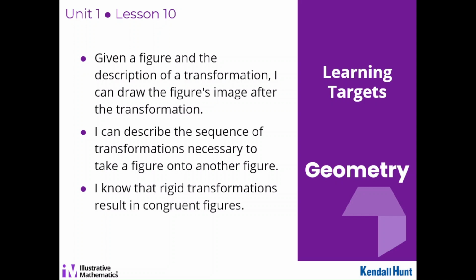Learning target number 2 says that you can describe the sequence of transformations necessary to take a figure onto another figure. So this time they're saying that if they were to give you the 2 shapes, the original and the prime, you would be able to say it was rotated clockwise or counterclockwise, reflected across this axis, or flipped over this way, or translated up, down, left, right.